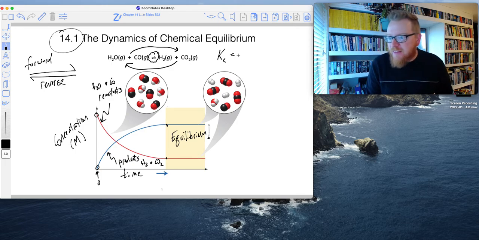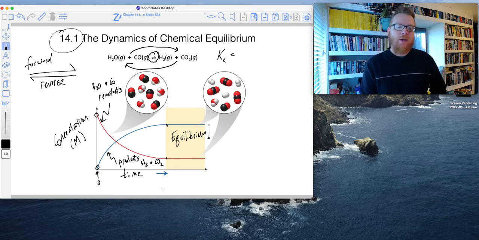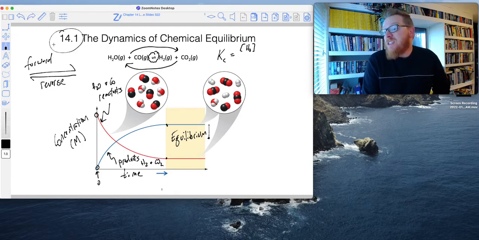So how would I write the equilibrium expression for this reaction? Well, I said products on top. So we would say bracket, chemical identity, H2. We can see that this is balanced with a coefficient of 1, so we could raise it to the 1 power, but we don't need to do that. We know that anything raised to the 1 power is just itself.